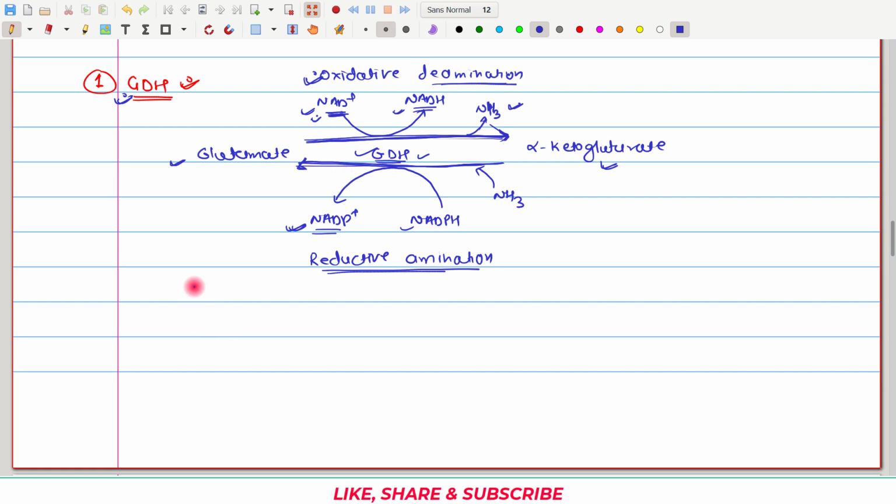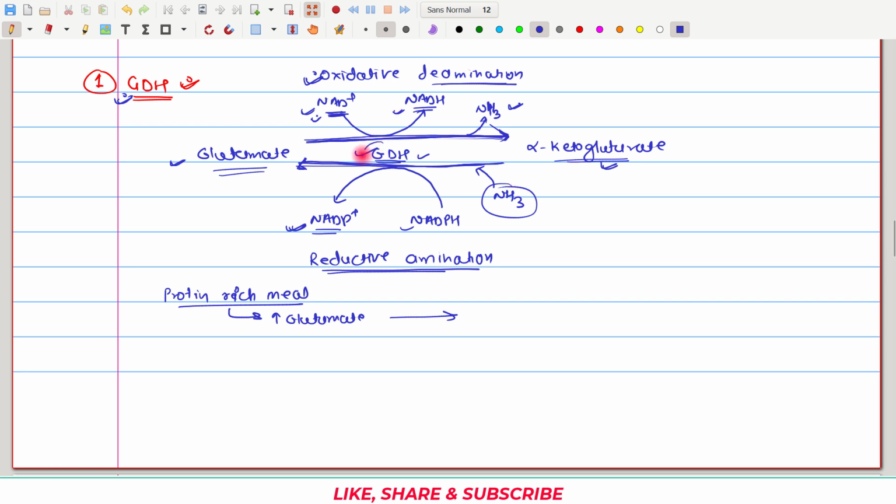Just to give you one example, suppose you have taken a protein rich meal. Because of digestion and absorption, glutamate in our blood will increase. This increased glutamate will drive the reaction from left to right, towards alpha ketoglutarate, so more ammonia gets generated.